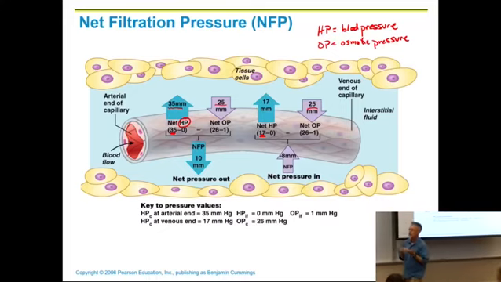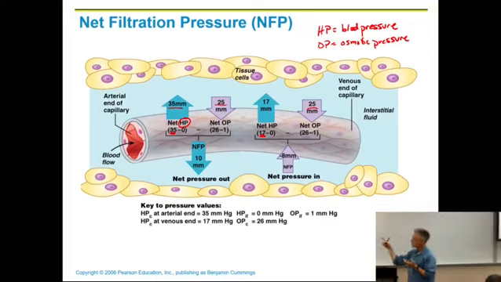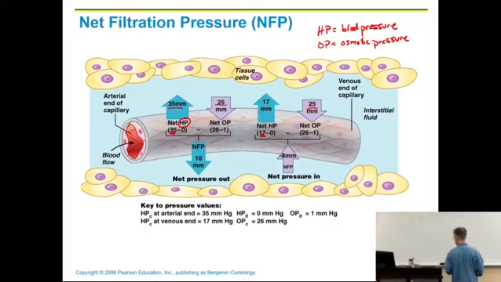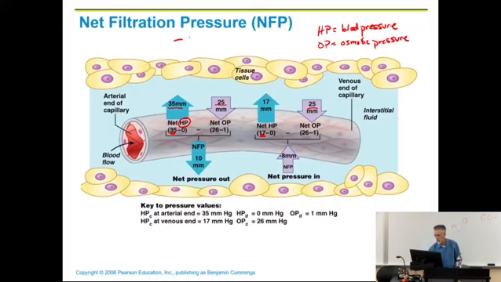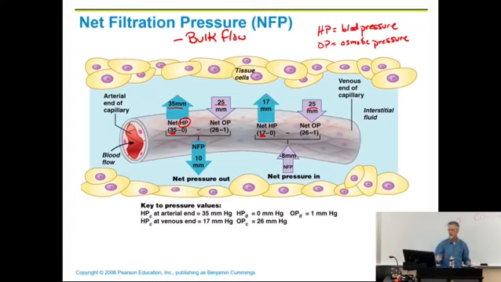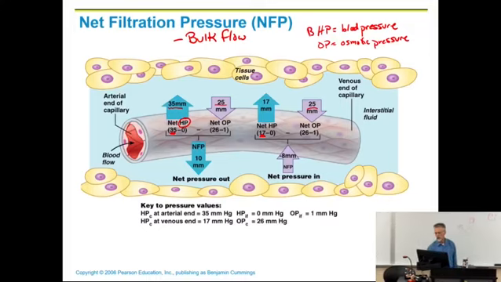Okay? So this explains how fluid moves back and forth through the capillary wall. And this is also referred to as bulk flow, where we're moving fluid as well as some solutes according to their pressures that we see here. And we see two main pressures that are involved. This is blood hydrostatic pressure.